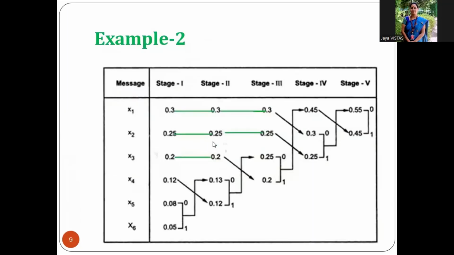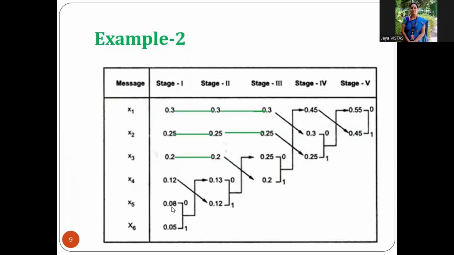Then example 2. Here in total we have 6 symbols, x1, x2, x3, x4, x5, x6. Here also the same process. In the first step, we arrange the probabilities in decreasing order: the highest one is 0.3, then 0.25, 0.2, 0.12, 0.08 and 0.05.